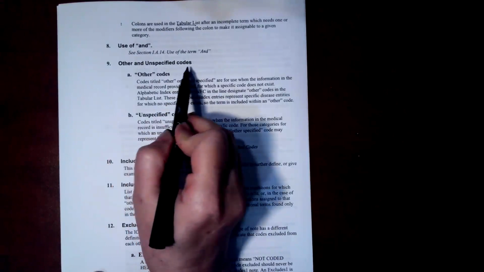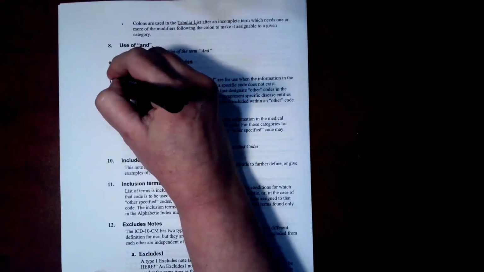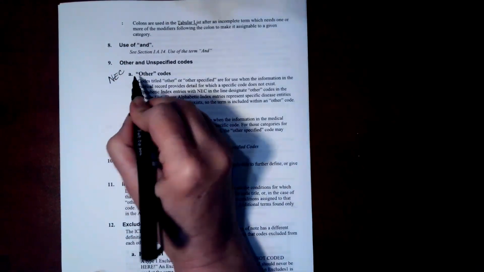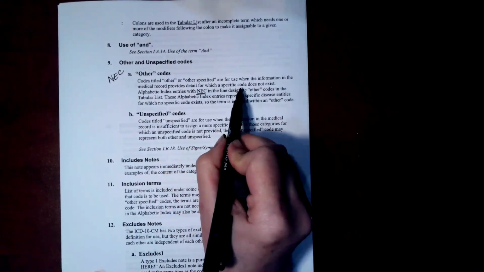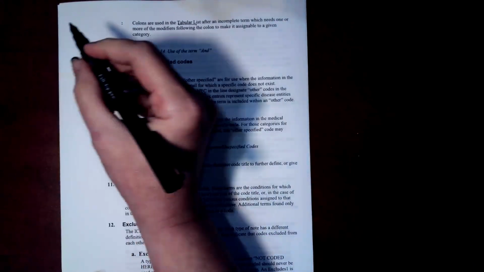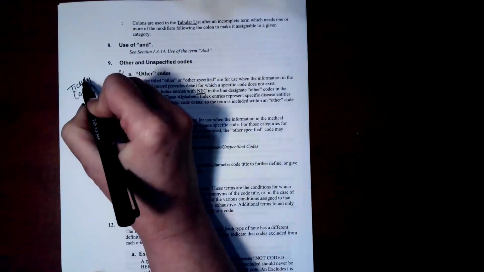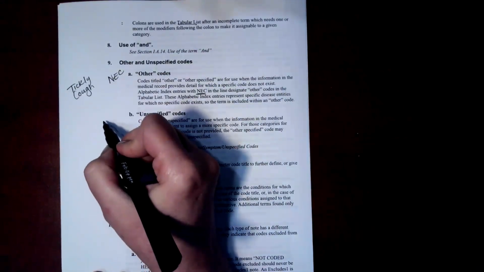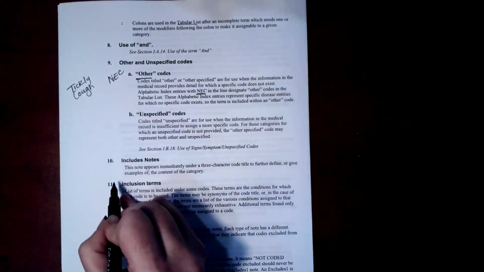Other and unspecified codes. We're going to go back to that whole NEC, not elsewhere classified, right? They remind us that the code does not exist. We have a tickly cough, right? But there's no code for tickly cough. So we're going to use that other code for that tickly cough.